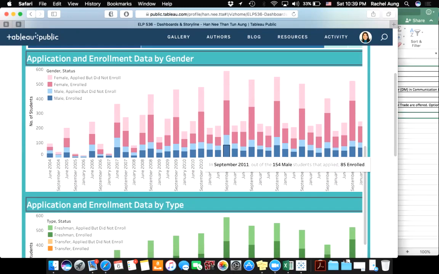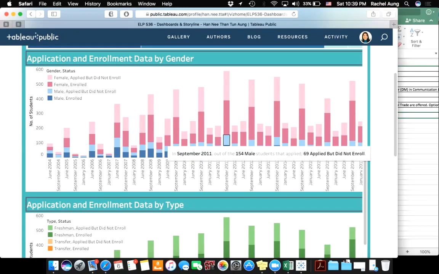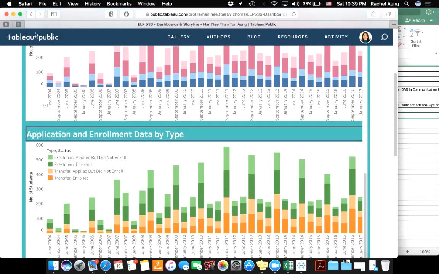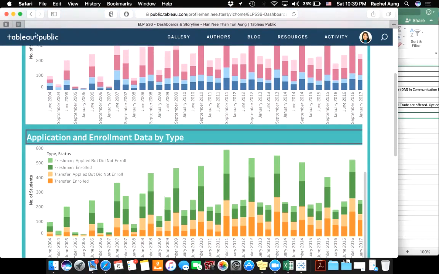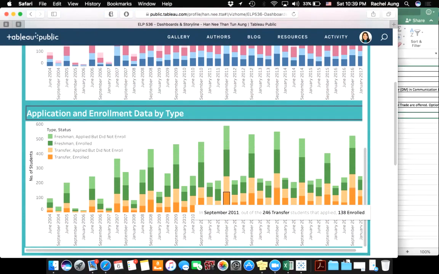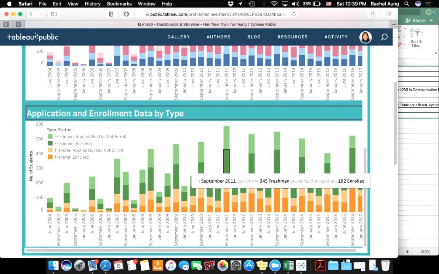But we didn't realize how much of a difference there was in our female applicants and male applicants until I did this chart. So both my supervisor and I were quite surprised. Same went with the freshman and transfer. We thought the numbers were closer.